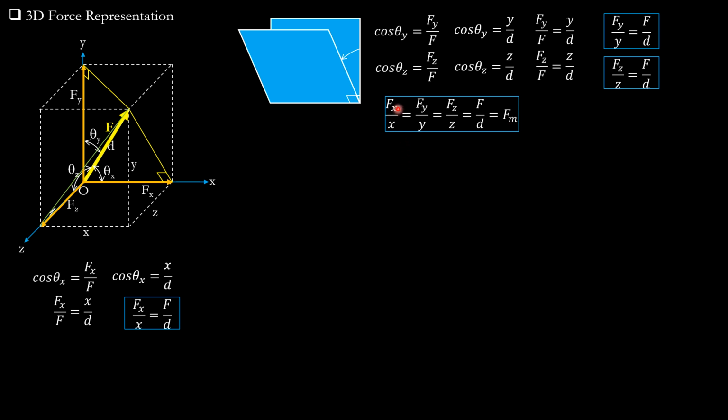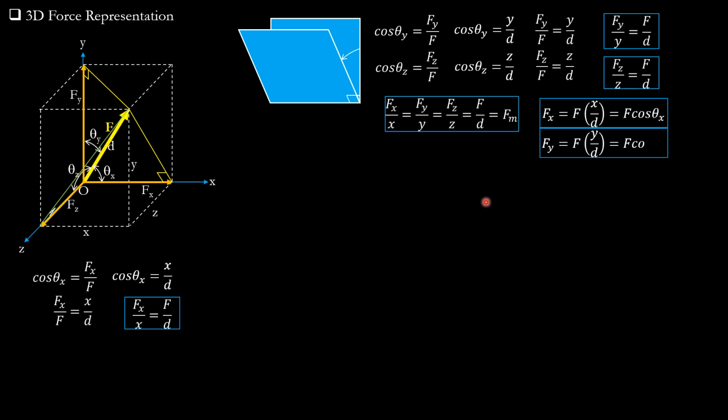So Fx is the magnitude of F times the quantity x over d. Remember, x over d is cosine theta x, so Fx is the x component of distance times the force multiplier. So Fx equals F times x over d, or F cosine theta x. Fy is F times y over d, or F cosine of theta y. Fz is F times z over d, or F times cosine theta z.